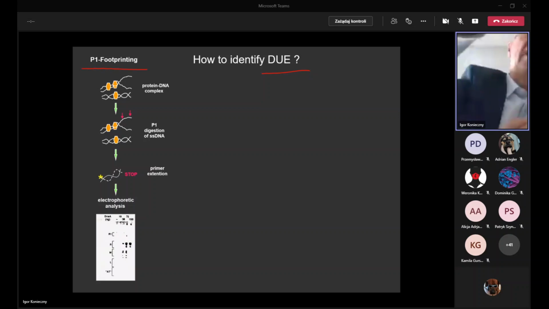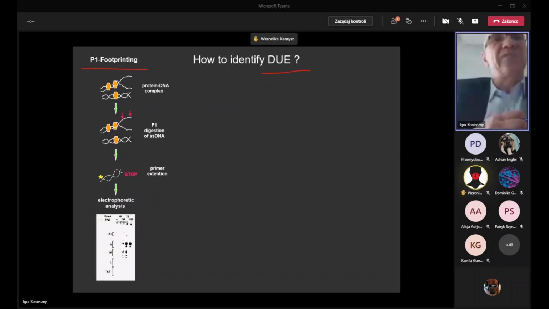The previous one was DNase 1 footprinting, and P1 footprinting is a little bit different. DNase 1 footprinting is used to analyze the interaction of proteins with DNA, and P1 footprinting is used to identify single-strandedness of the DNA.